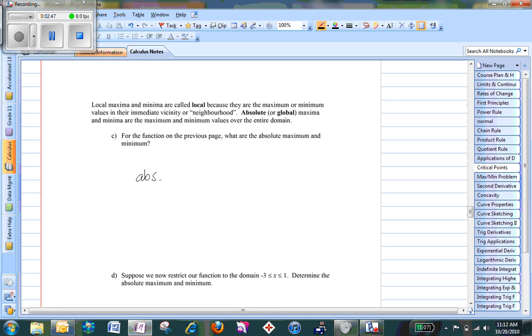So the absolute max is at (0, -3), and the absolute min, you can either write it as (2, -7) and (-2, -7), or if you feel inclined, you can say plus or minus 2, -7, like this, whichever you prefer. This is actually better. This is kind of lazy.